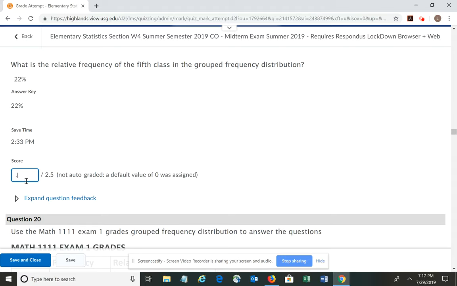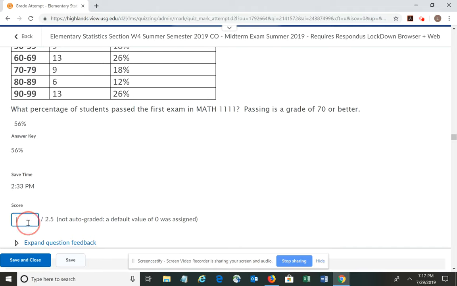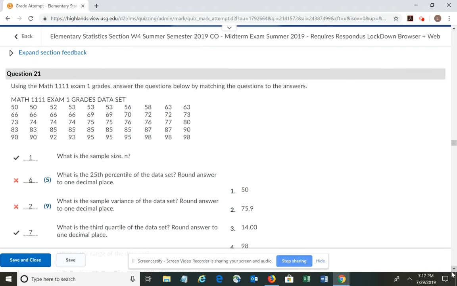Student got it correct. Award the 2.5 points. Okay, 56% passing, let's see, would be 70 or better, so it is 56%. Student got it correct. Award the 2.5 points.